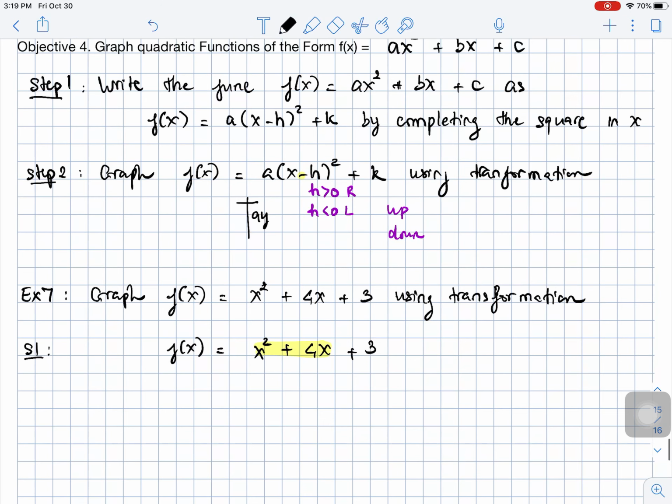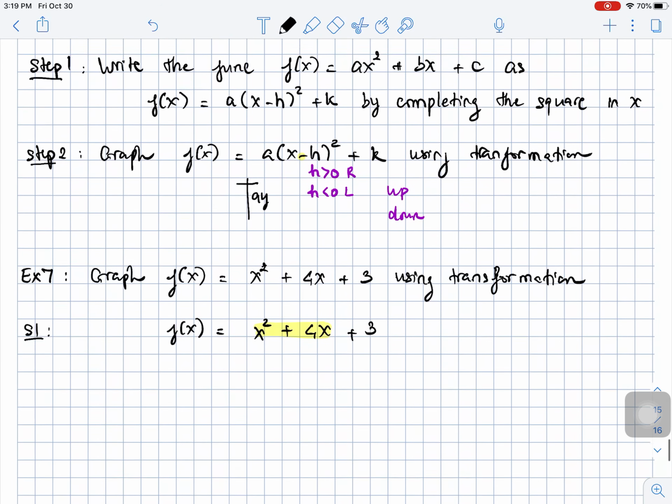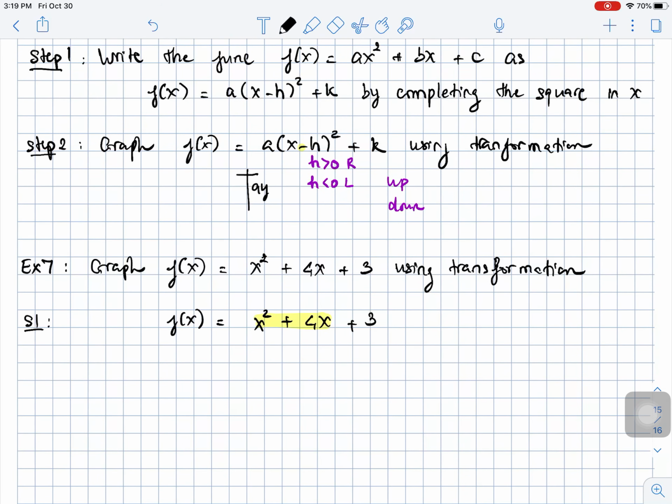So step number 1, we need to convert that function in the a times (x minus h) squared plus k form. In order to do that, we will use completing the square.